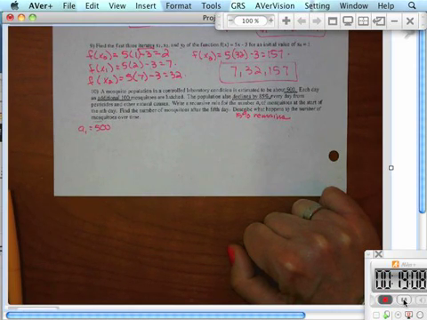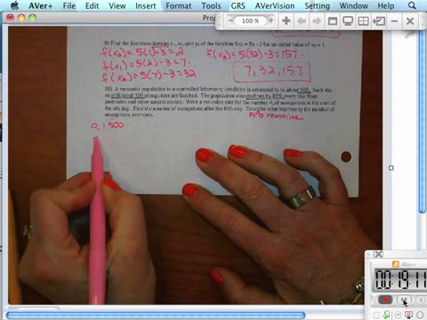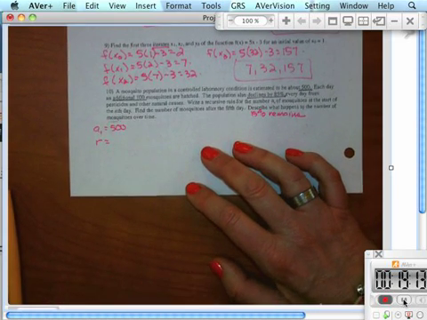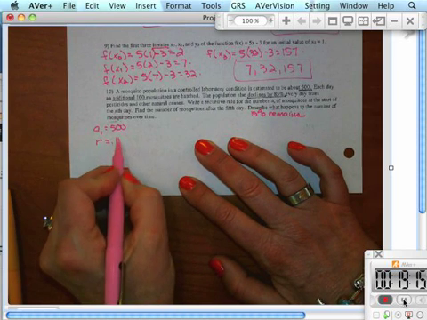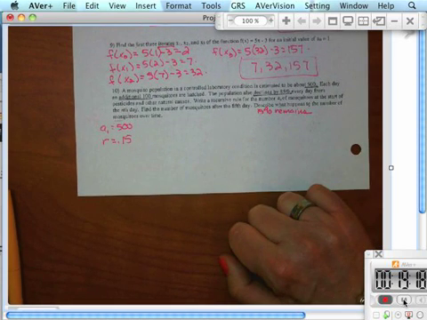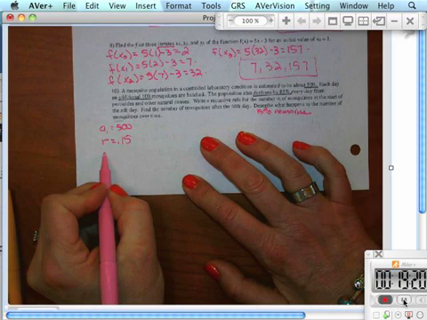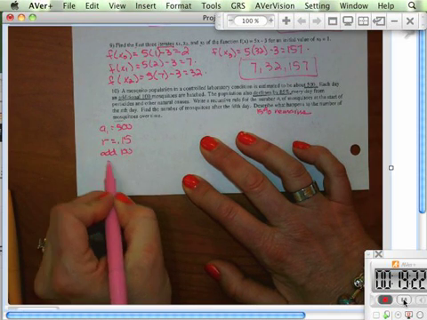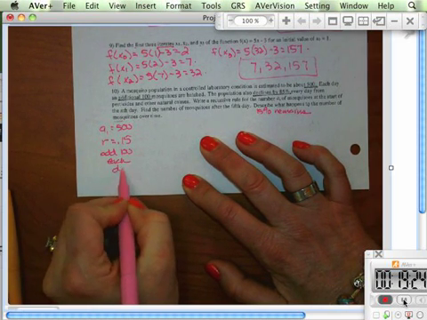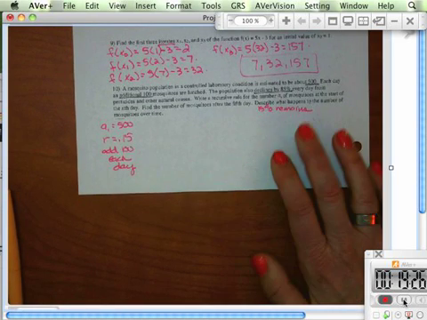Okay. So I know my r, I'm going to multiply by 0.15 every day, so it's a geometric. But I also have to remember that I got to add 100 each day in part of my rule. So it's really not that hard to come up with a rule.